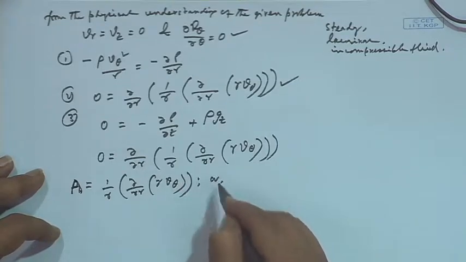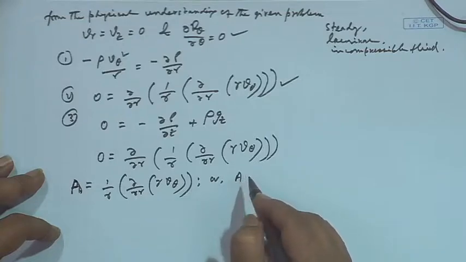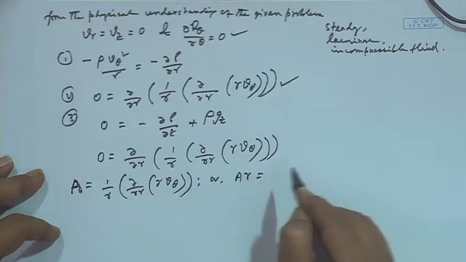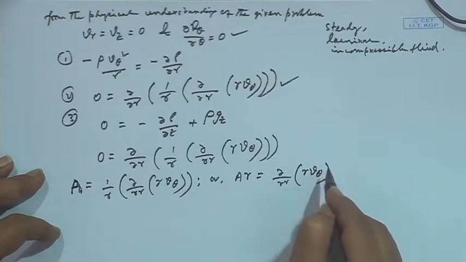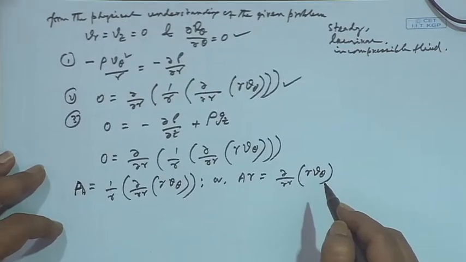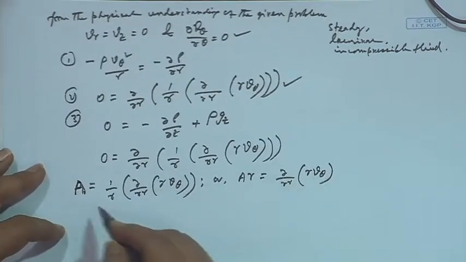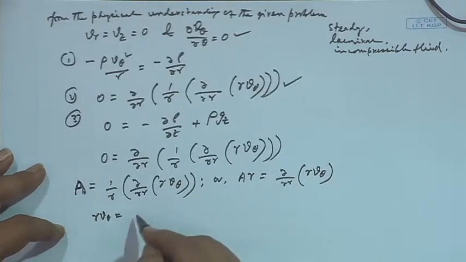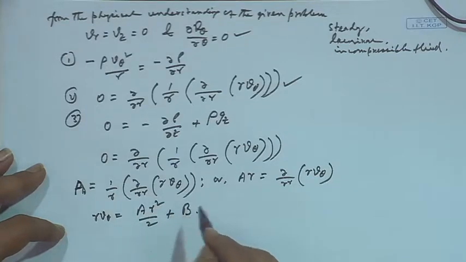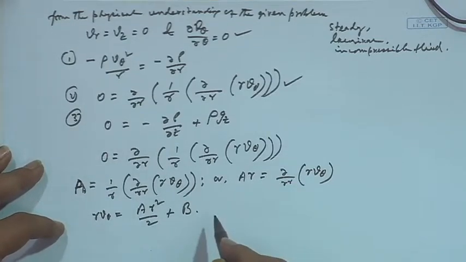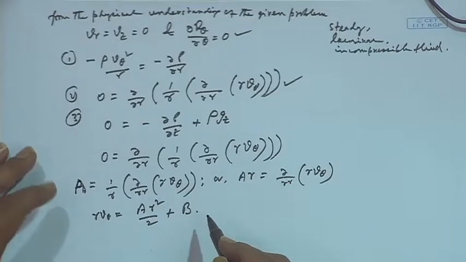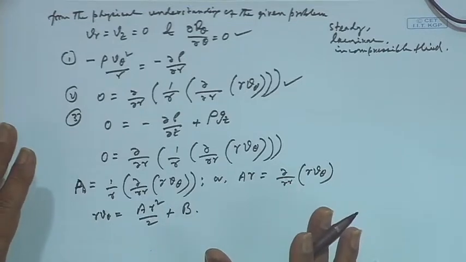On simplification we could write a r is equal to del del r of r V theta, right. So, on second integration we can write r V theta is equal to a r square by 2 plus b. Up to this the solution is exactly identical.